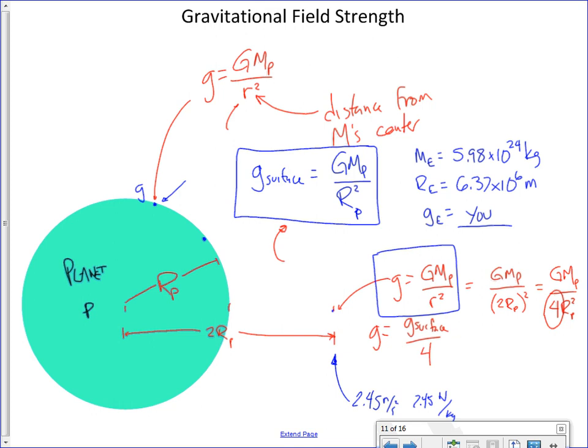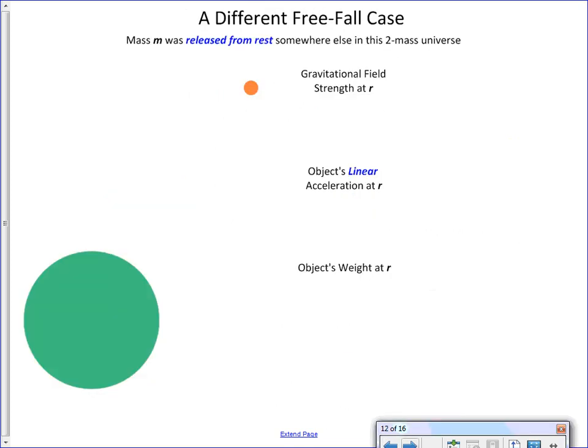It's just that g isn't really constant. So if we look at some place out here, a distance r from the center of this planet, what's the gravitational field strength there? Well, the only thing we can say is G m planet over how far away we are.